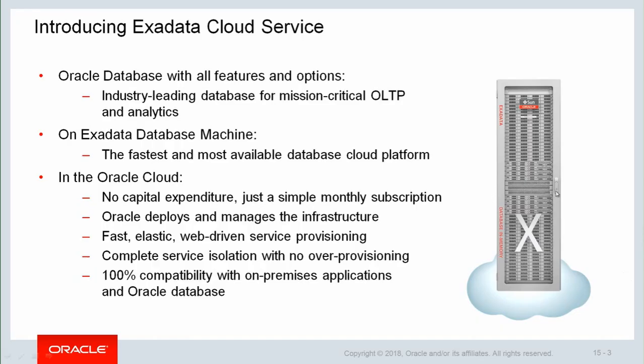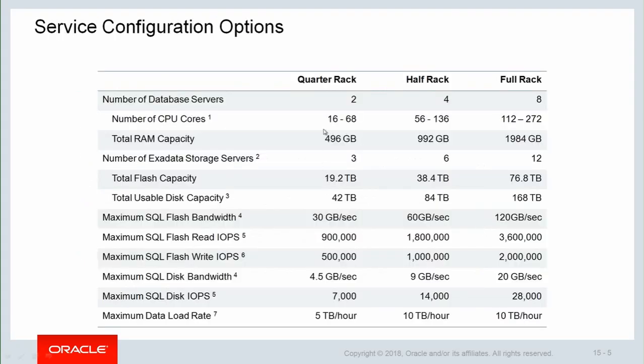Instead of getting an entire engineered system in your environment, you can simply purchase a monthly subscription, so you only pay based on resources used. This is a possible configuration. When you create an ExaData Cloud Service instance, you have the option to create a quarter rack, the smallest configuration.